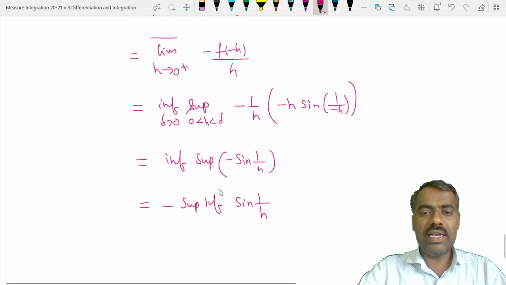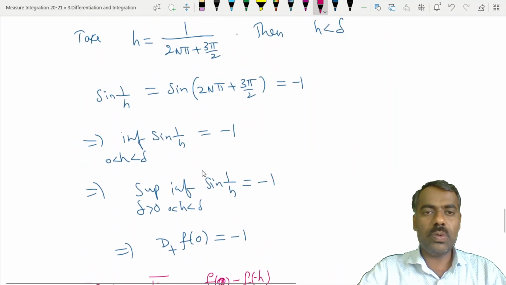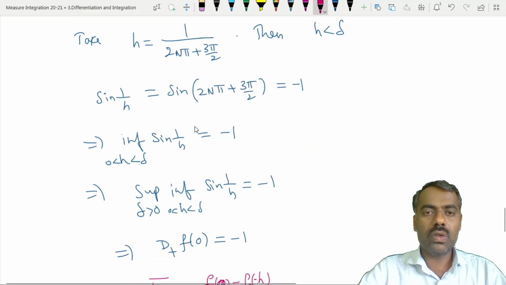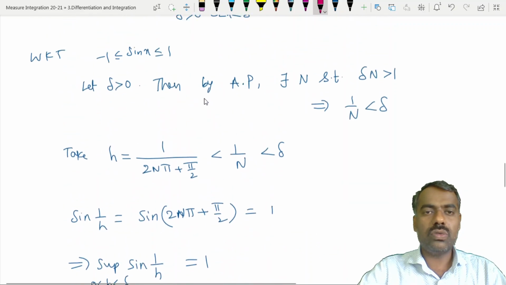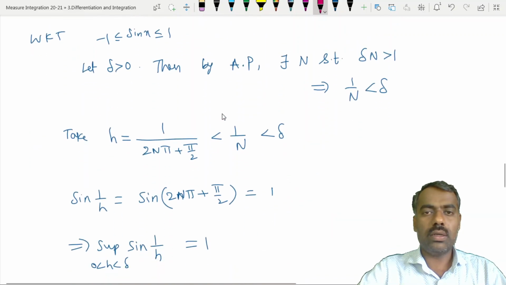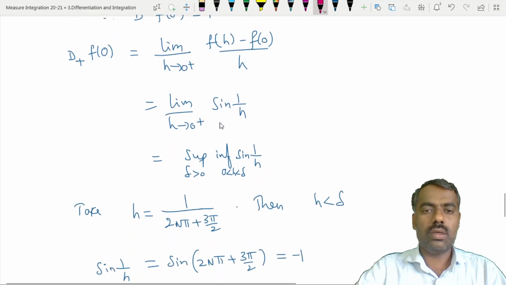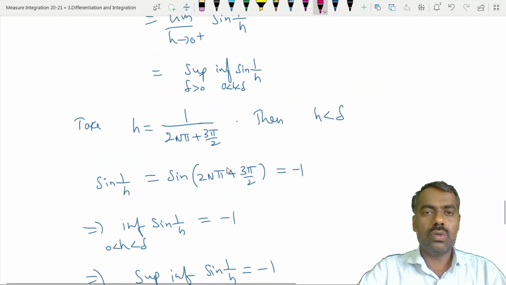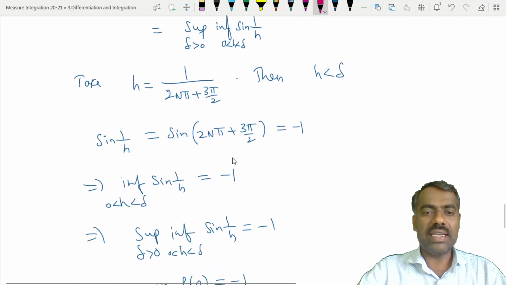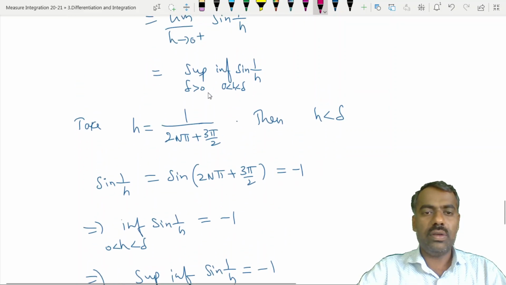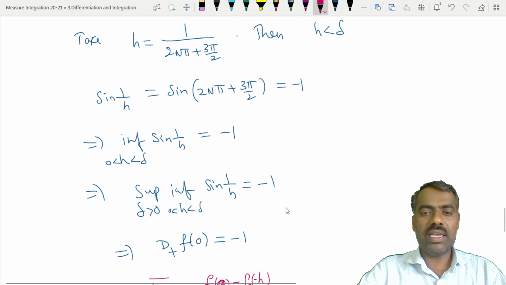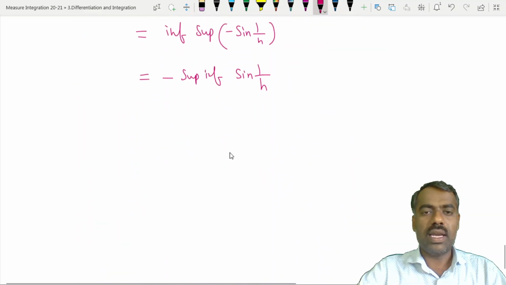But this we have already calculated: the value of the supremum of the infimum is minus 1, right? So with the minus here, this value is 1.